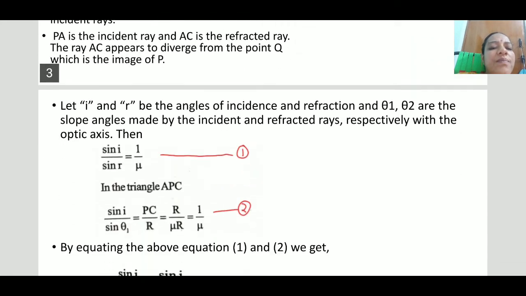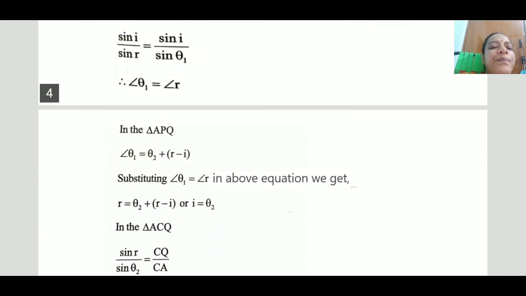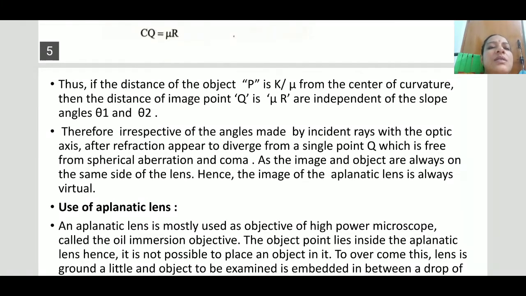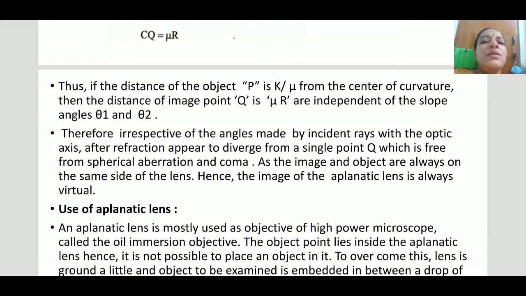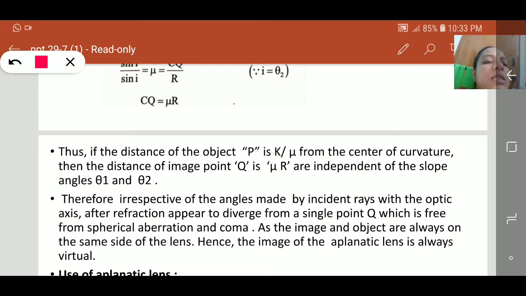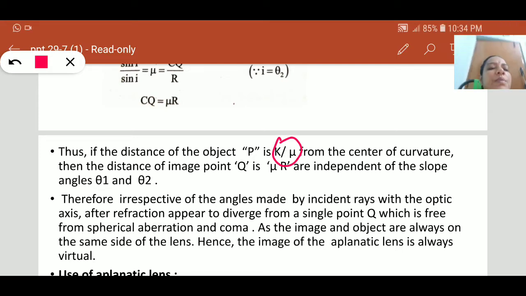This is the proof of this one. You just correct this one. This is not k by mu, this is r by mu.